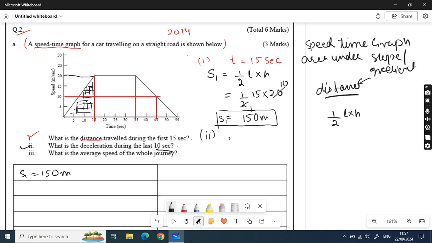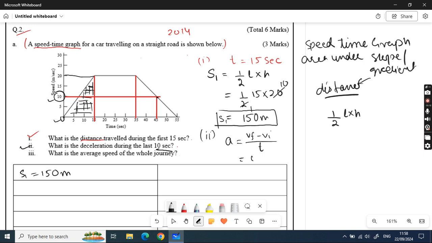The formula for deceleration or acceleration is a equals Vf minus Vi over t. Here the initial speed Vi is 10, and at the 55 second Vf is equal to 0.